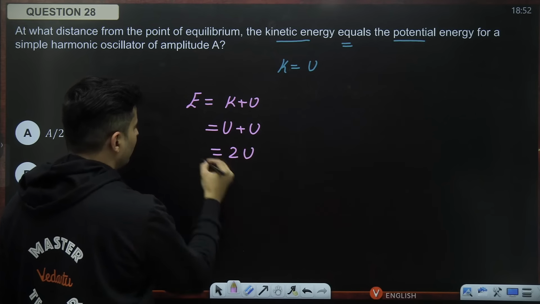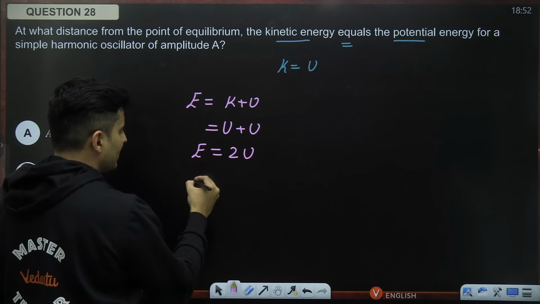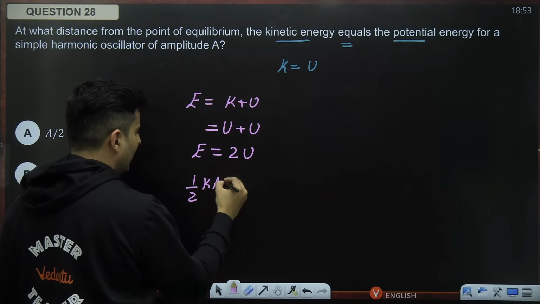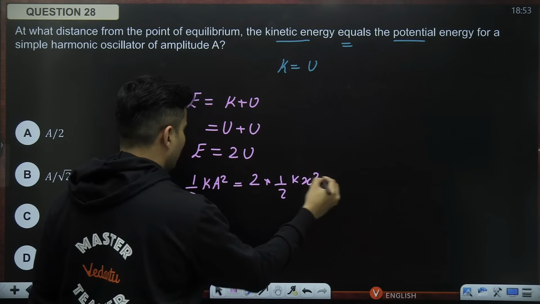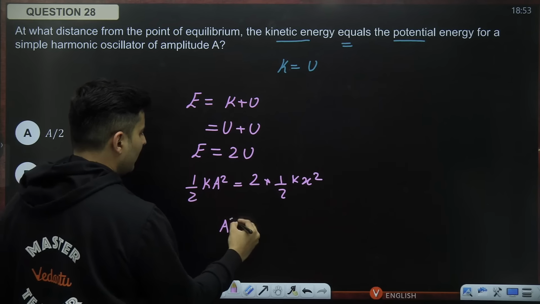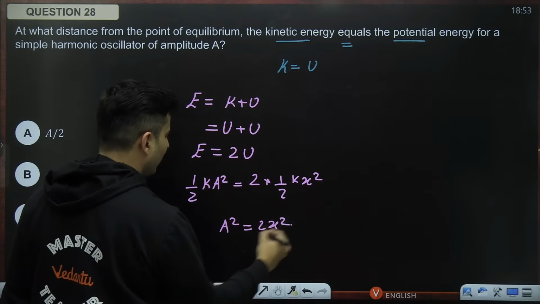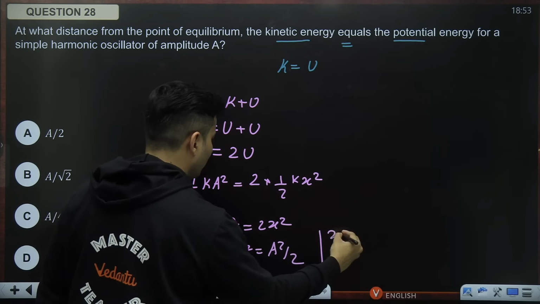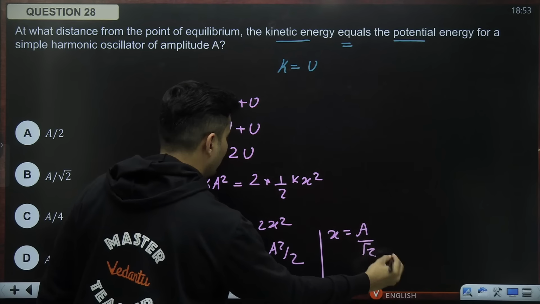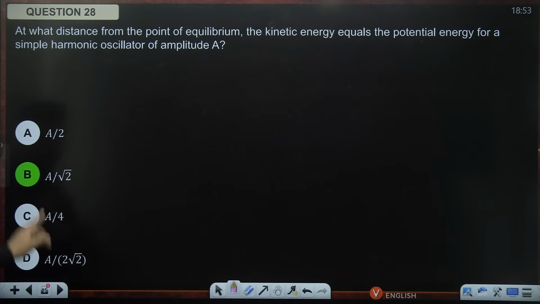That means 2 times U is the total energy. Total energy is half k a square. Potential energy is half k x square. K cancels, half cancels. So a square will be 2x square. Therefore, x square will be a square by 2. Therefore, x will be a divided by root 2. So a divided by root 2 is option B.